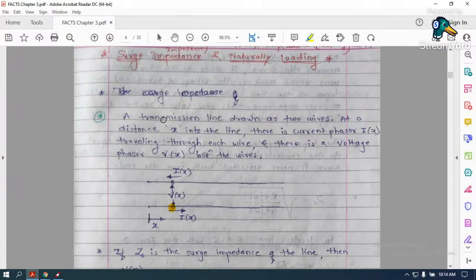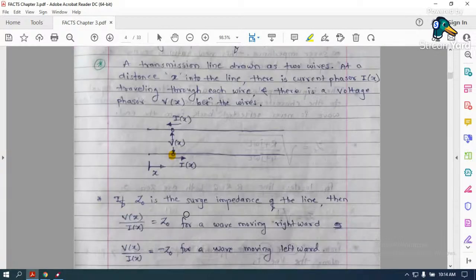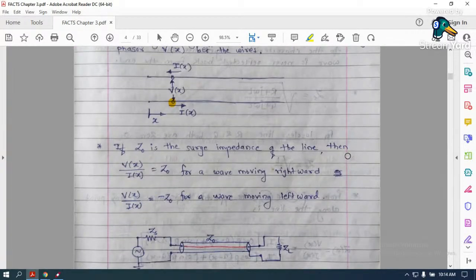Here you can see a transmission line drawn as two wires. At a distance X into the line, there is a current phasor I of X traveling through each wire, and there is a voltage phasor V of X between the wires. Now, if Z0 is the surge impedance of the line, normally we call it the characteristic impedance Z0, then according to Ohm's law, Z is equal to V by I, that is V of X upon I of X. This is for the wave moving rightward.